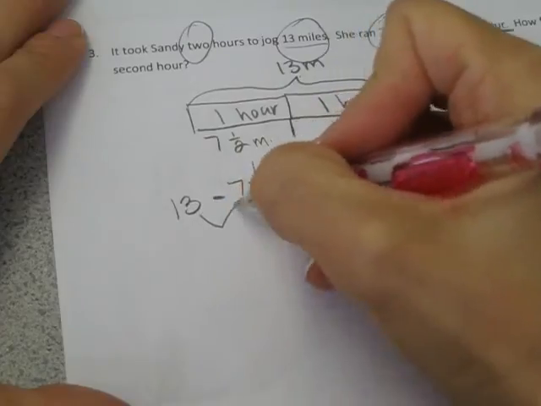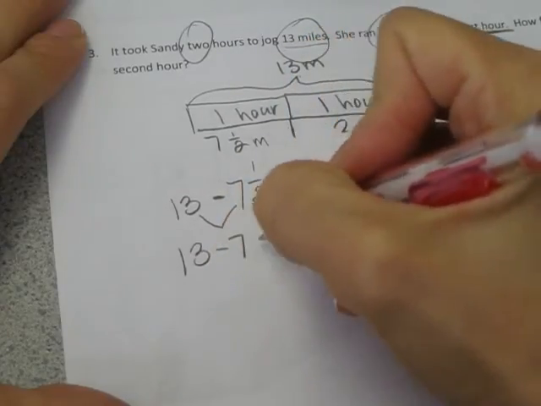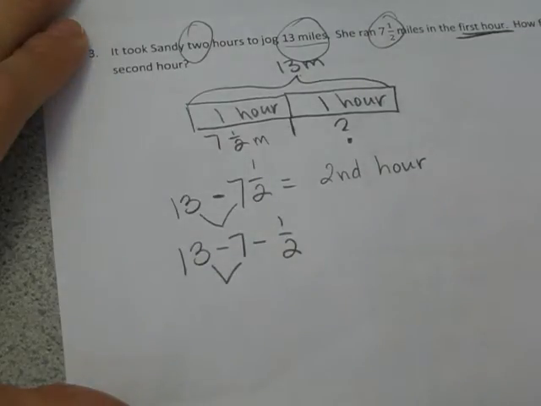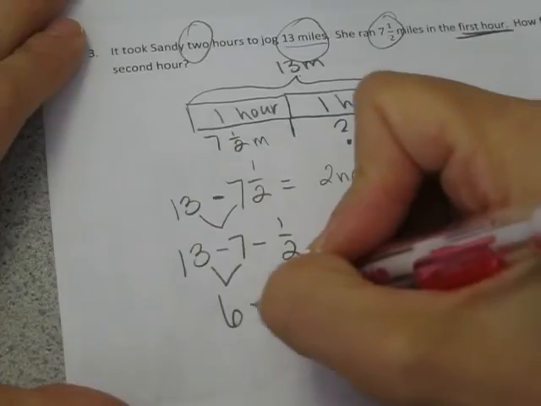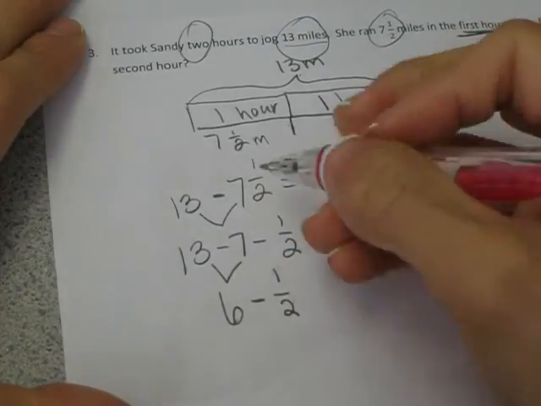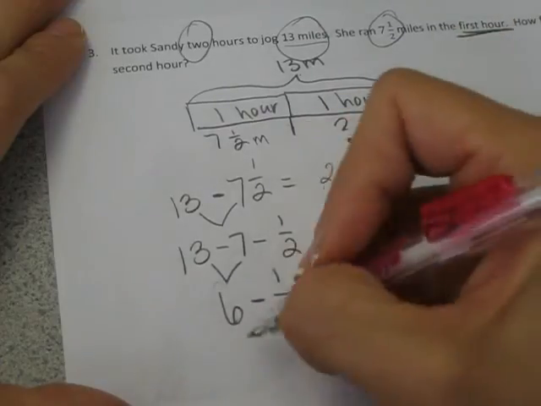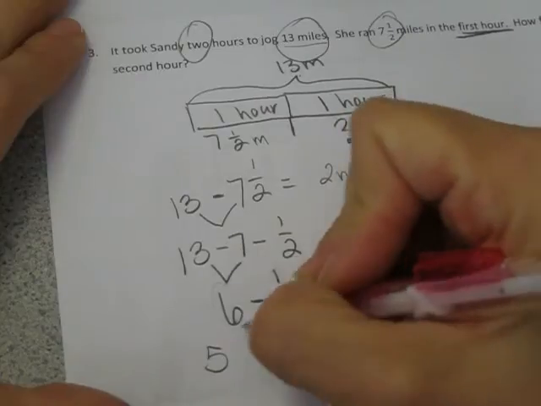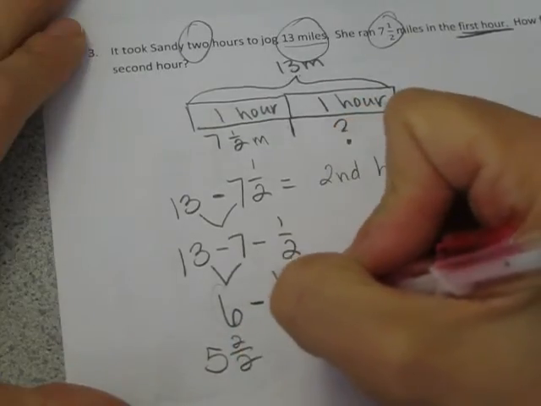So pull out my whole numbers. 13 minus 7 minus 1/2. 13 minus 7 is 6. 6 minus 1/2. I have to take away a fraction, so I'm going to break up the whole 6 into 5. And my other whole, I'm going to make it 2 halves because my denominator is 2.